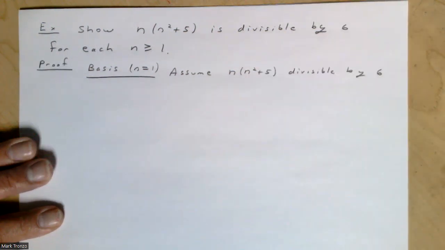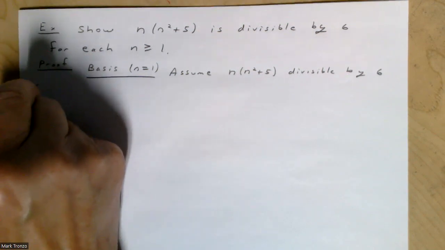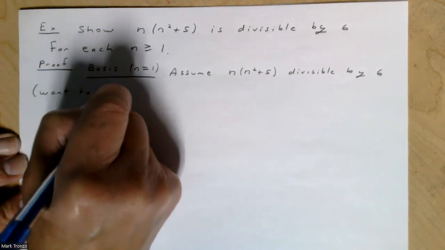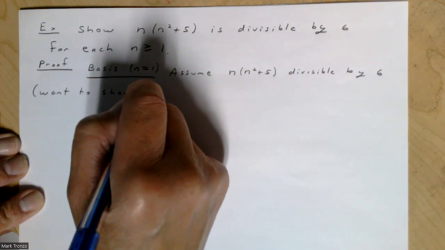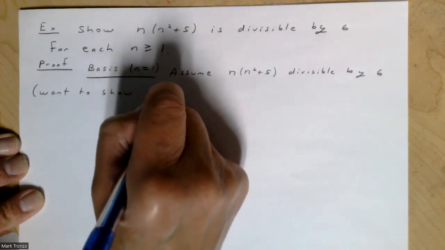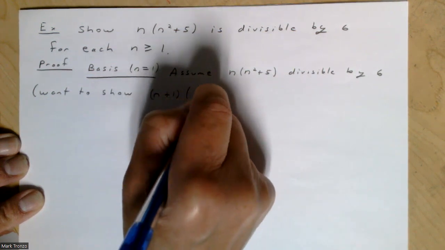So assume this is divisible by 6. And want to show that if we replace n with n plus 1, this time it gets a little bit more complicated.